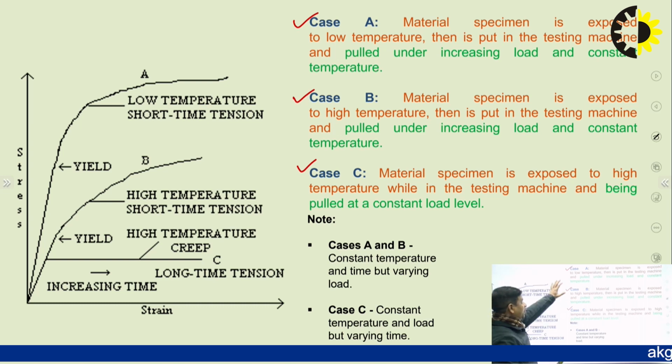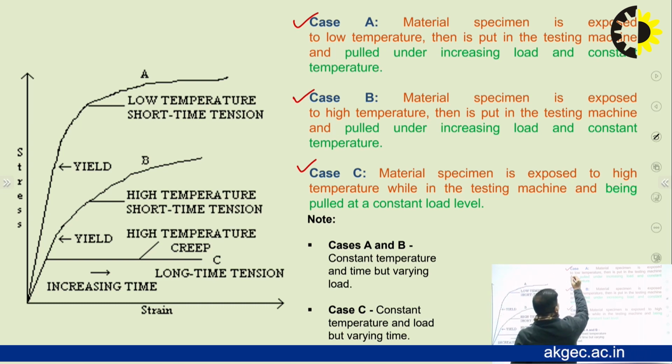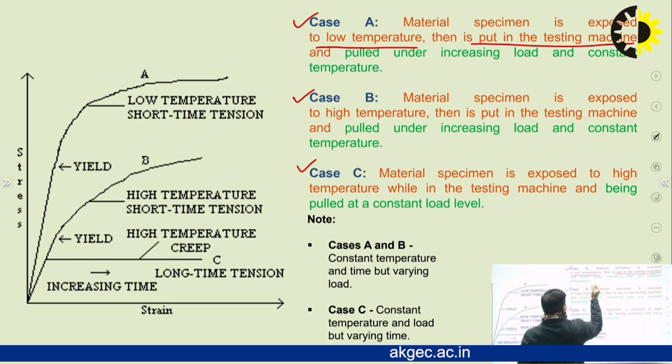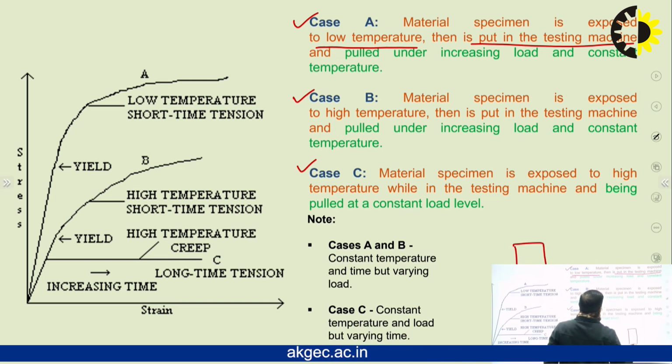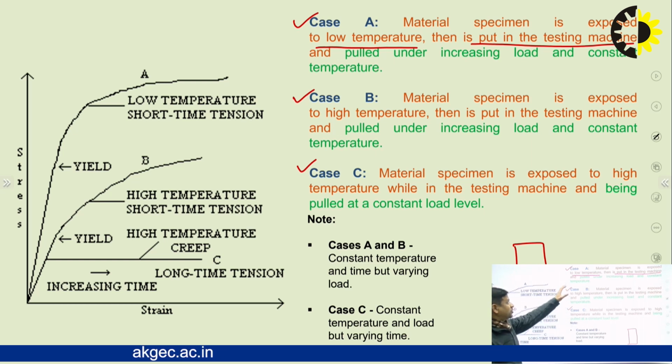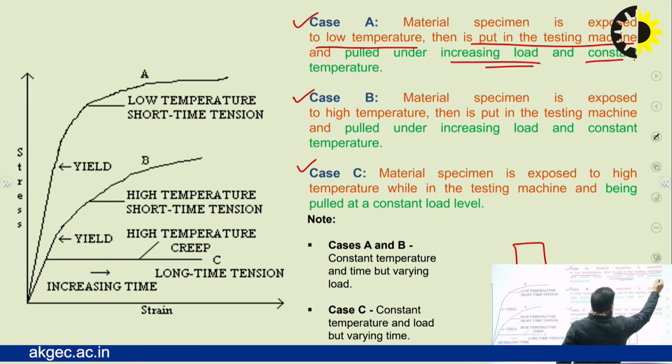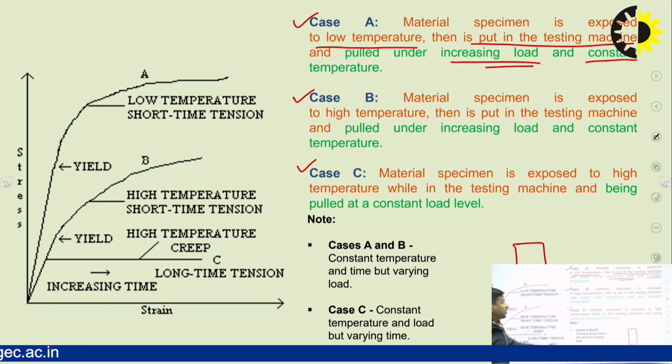Under case A, a material is exposed to low temperature, then put into a testing machine, and we pull that material under increasing load at constant temperature. The keywords are increasing load and constant temperature.